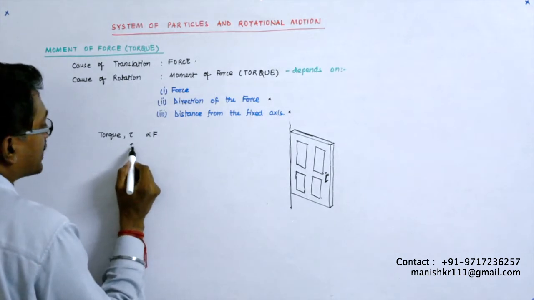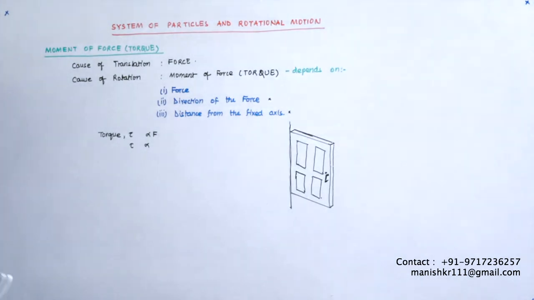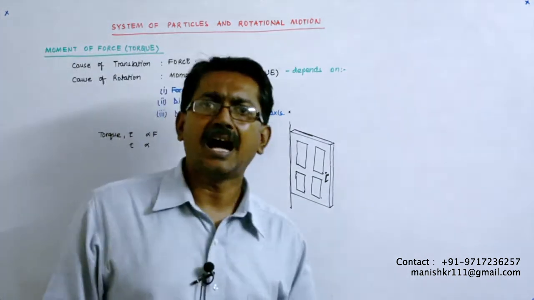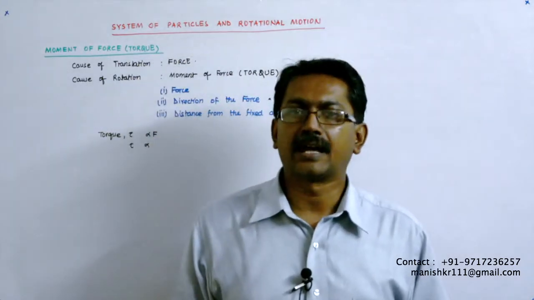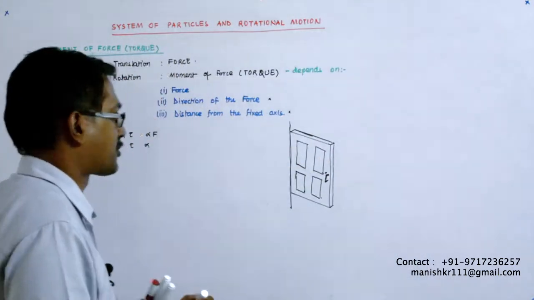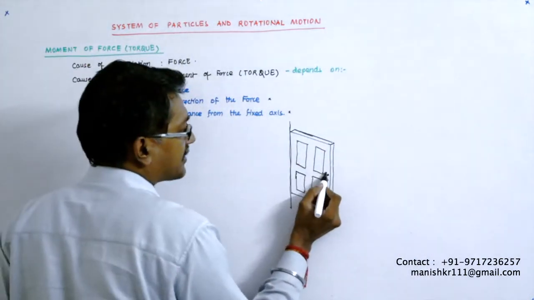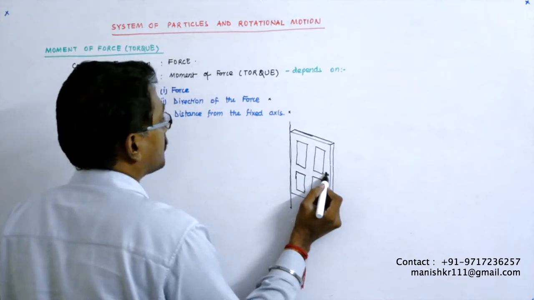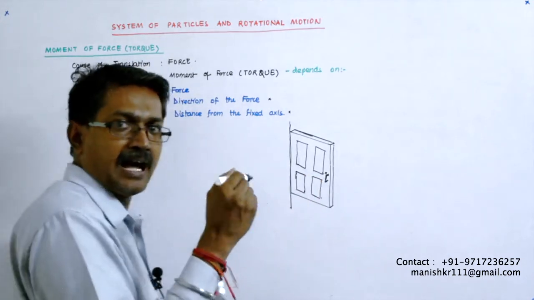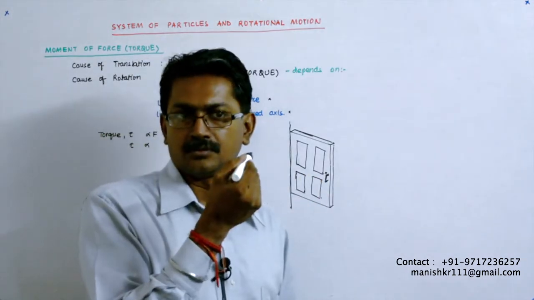The same torque tau, what happens? How is it proportional to the direction? Everything else remaining the same, direction. The point remains the same, the force remains the same, and I vary the direction.